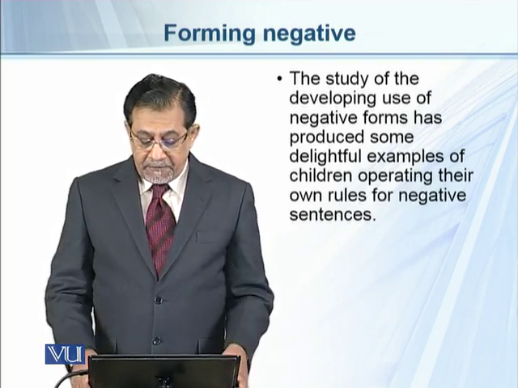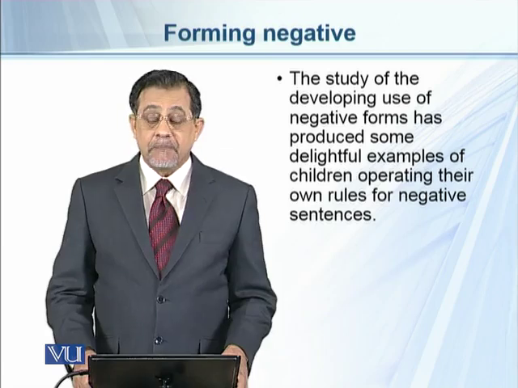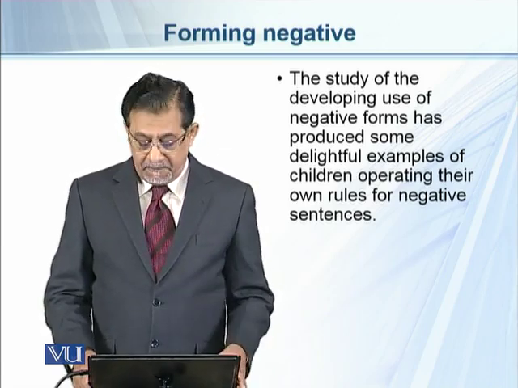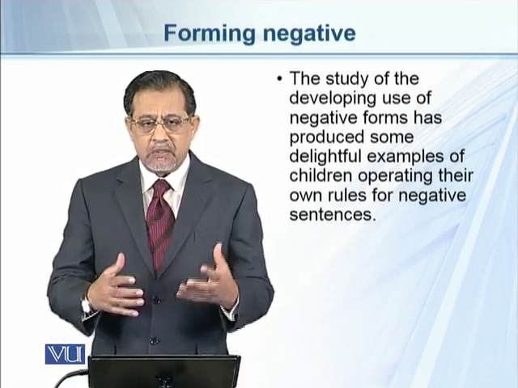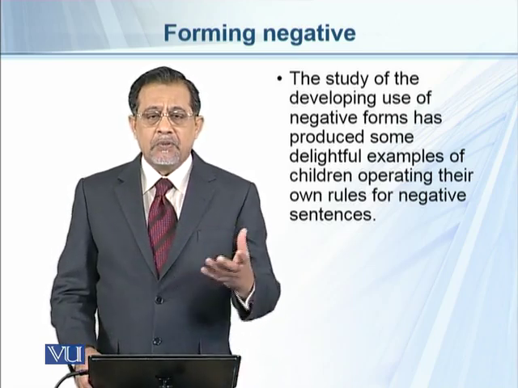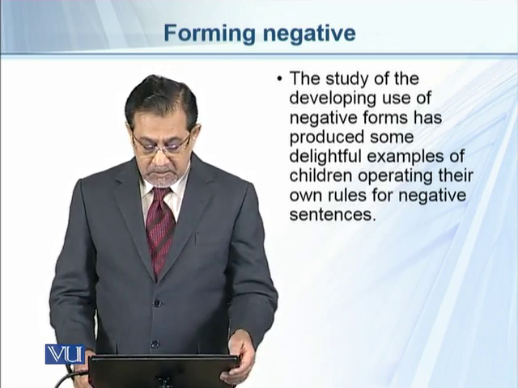So the study of the developing use of negative forms has produced some delightful examples of children operating with their own rules for negative sentences. During these developmental stages, children keep on using their own method of making negative sentences.